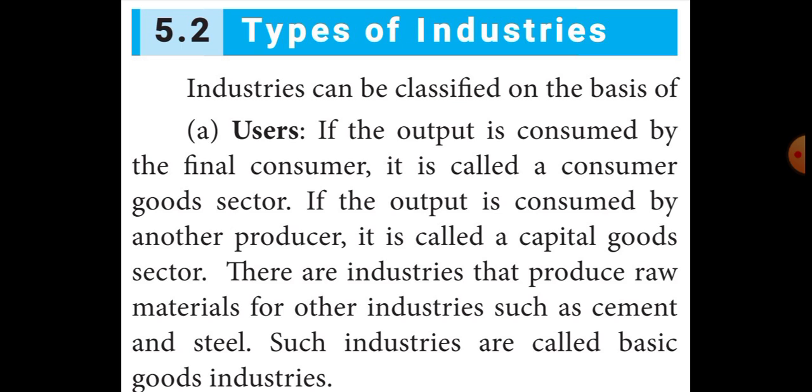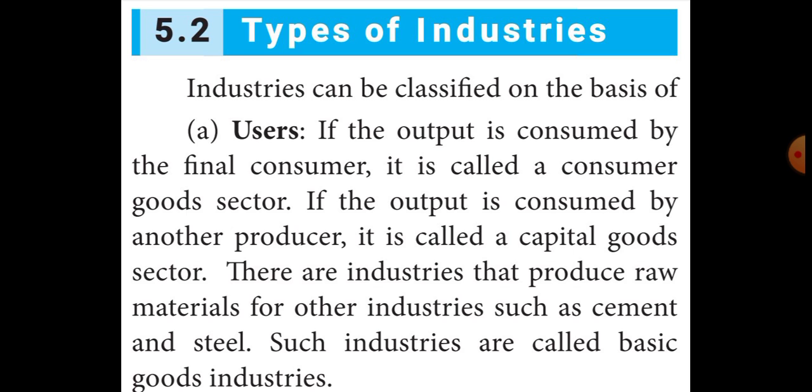With the help of those raw materials, other industries make finished products. For example, the cement and steel industry is called basic goods industries.